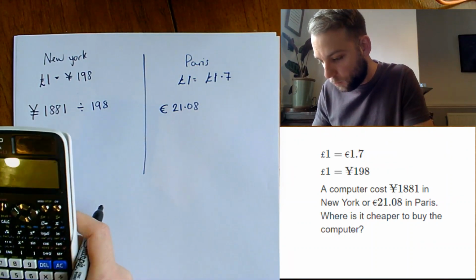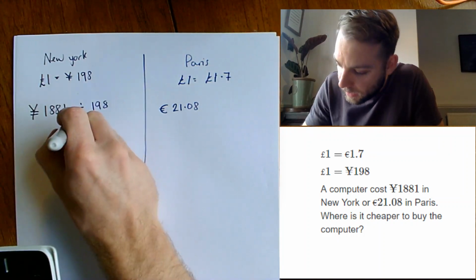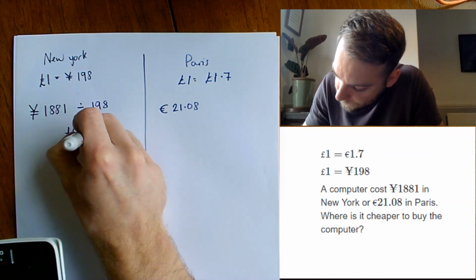So 1881 divided by 198, which is equal to £9.50.